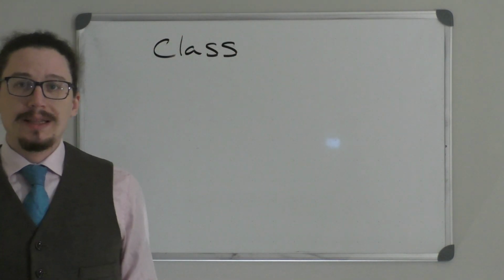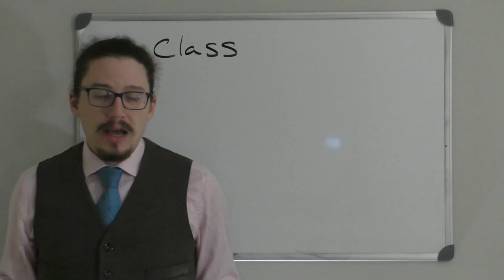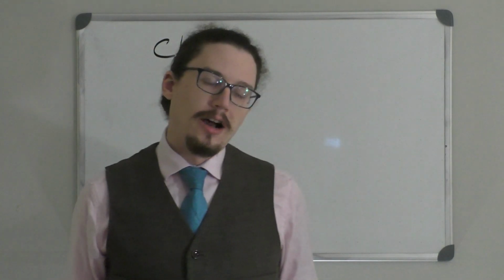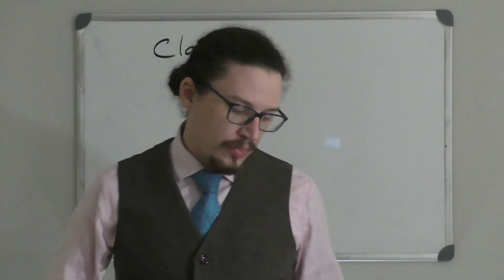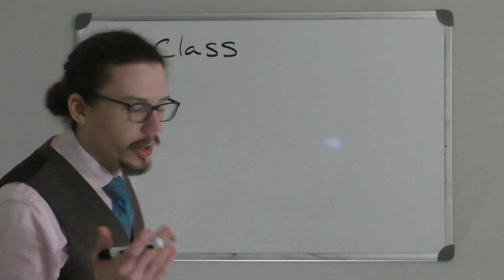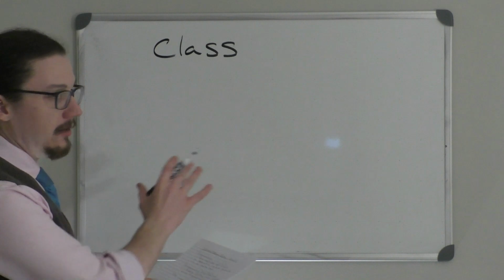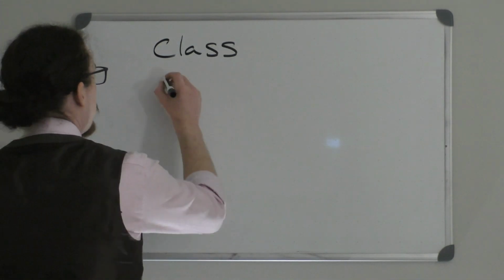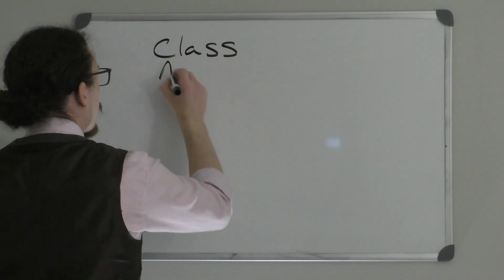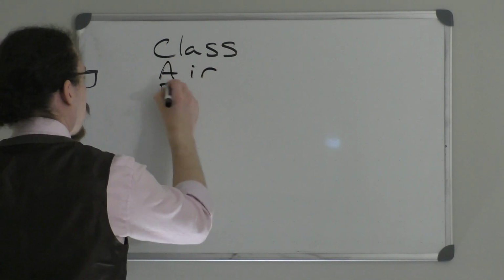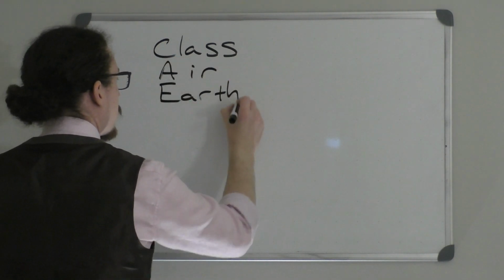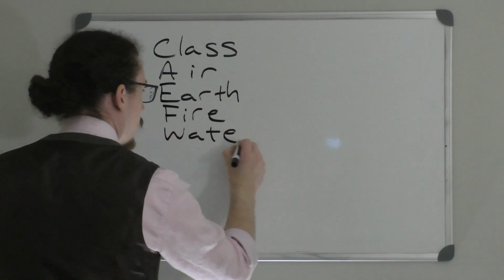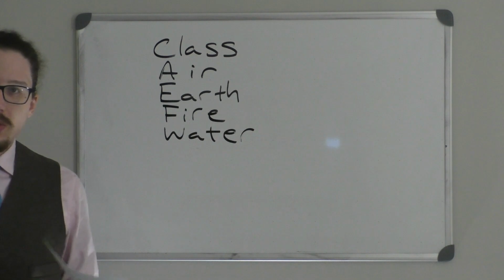We'd start by listing our classes. We could do this really in any order. If you want to put them in alphabetical order or what have you, that's fine. That's what I'm going to do, but it doesn't matter too much in the distribution. So our classes would be air, earth, water, and fire.